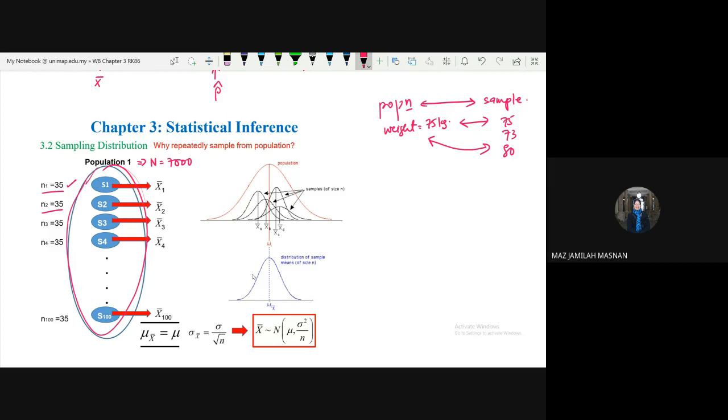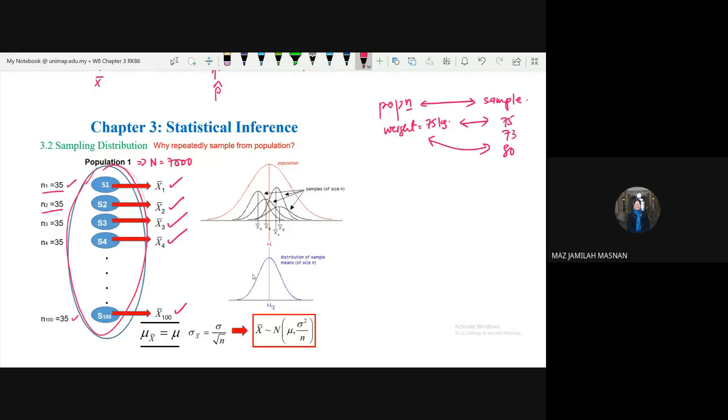If I repeat this until my 100th sample, with the same sample size of 35, I will get the first CGPA mean, second CGPA mean, third, fourth, until the 100th CGPA mean.